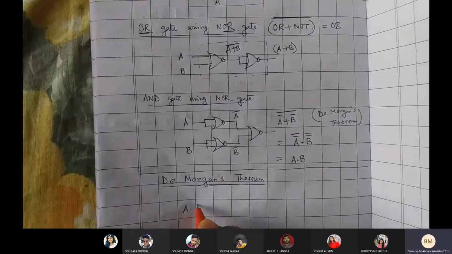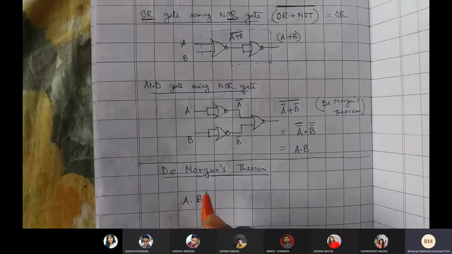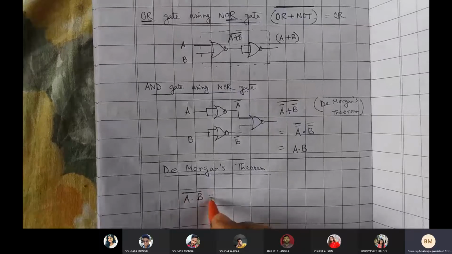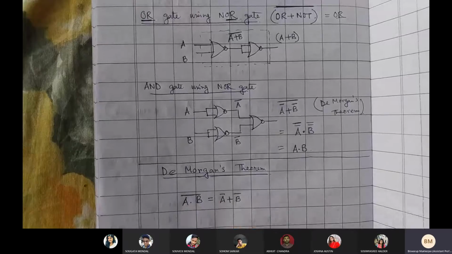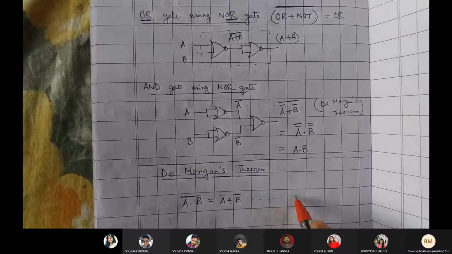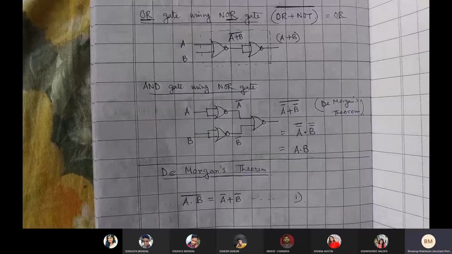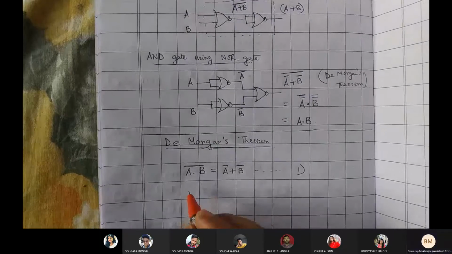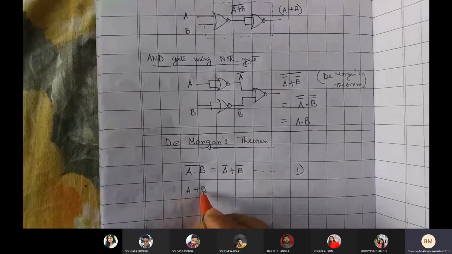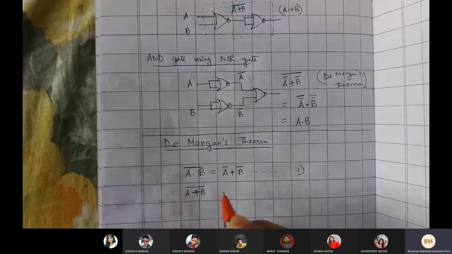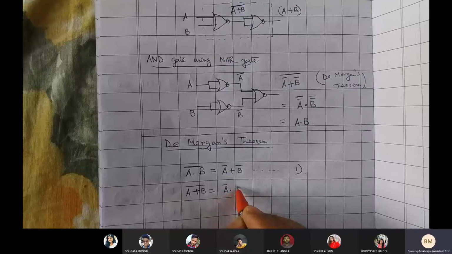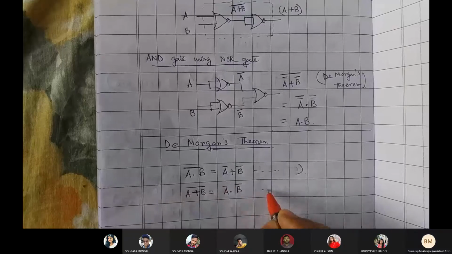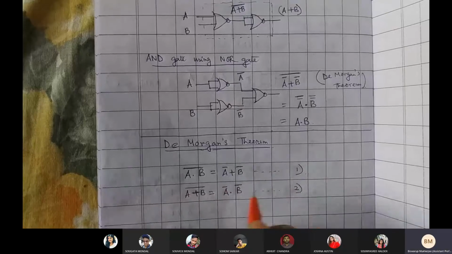The expression is: (A dot B) whole complement is equal to A complement plus B complement. This is the first one. And the second one is (A plus B) whole complement is equal to A complement dot B complement. That is the second.